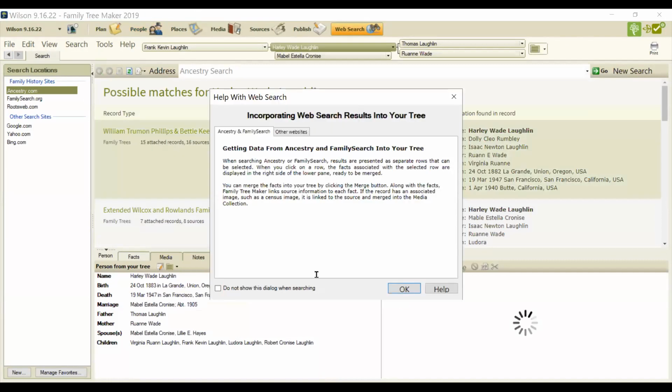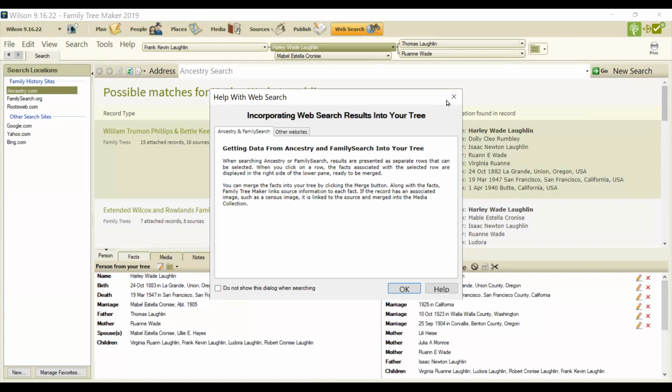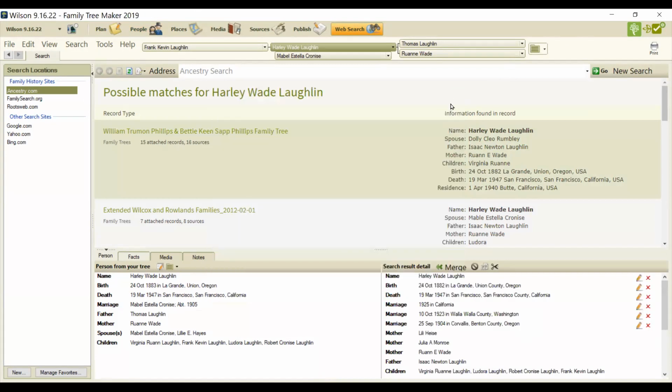Okay, so these are possible people. First of all, I happen to know that Harley Wade's wife was Mabel. So we're going to basically, oh, but I've got Harley Wade up above. So what I've got actually turns out to be two marriages.